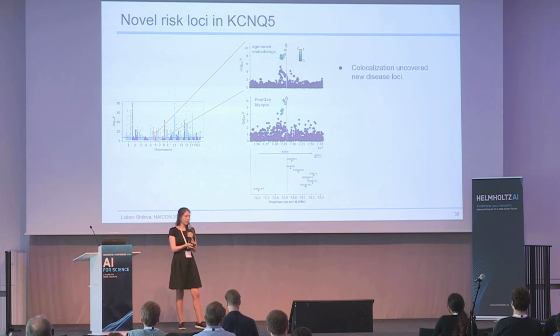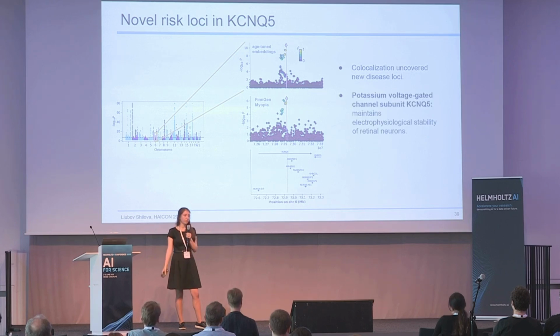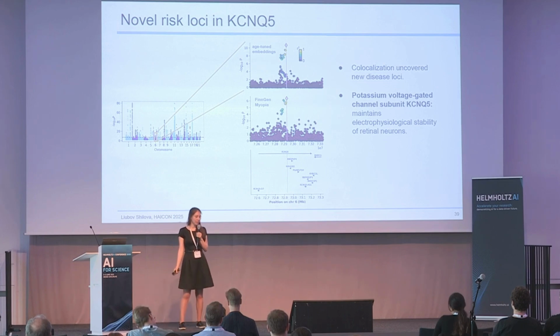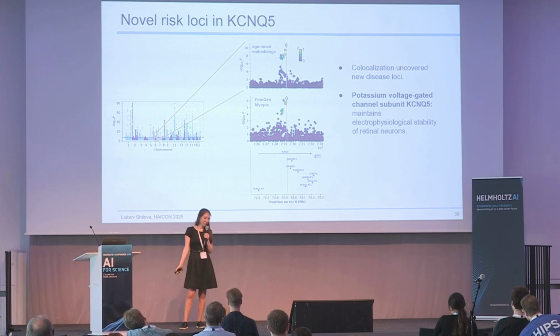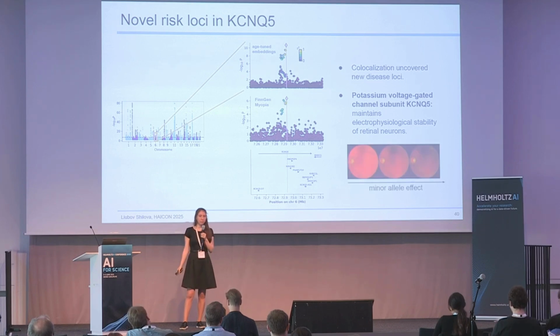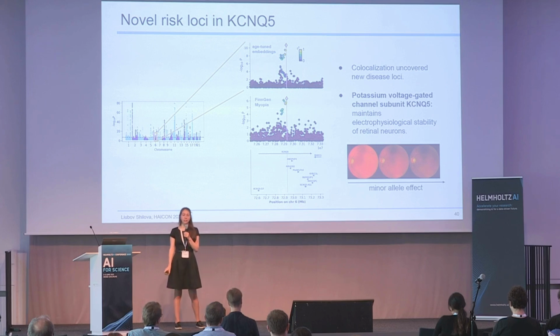However, it is located in a gene that is known to play a role in maintaining electrophysiological stability of retinal neurons. And also the reconstructed images from the predicted minor allele carriers looked visibly older.